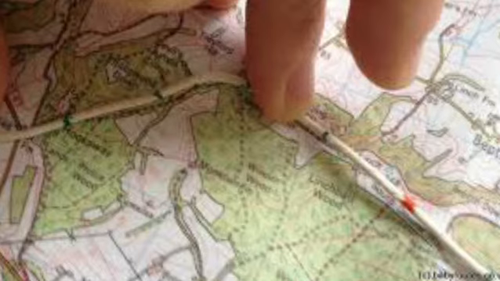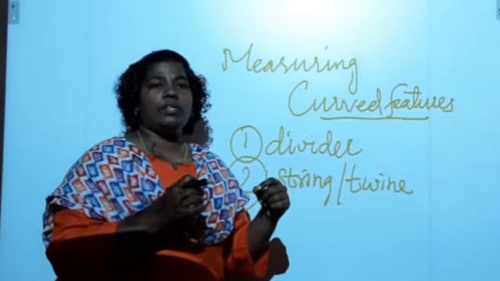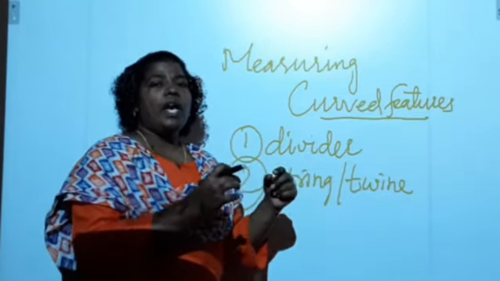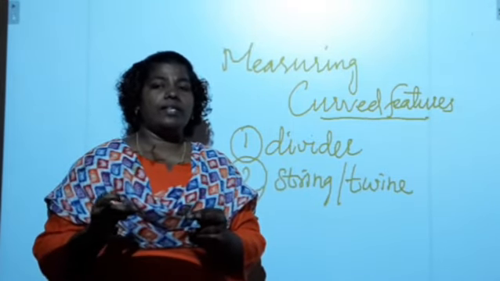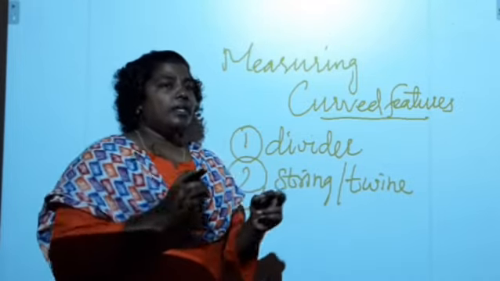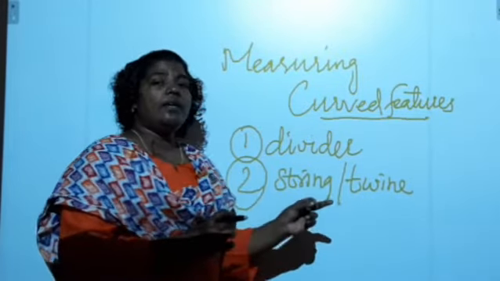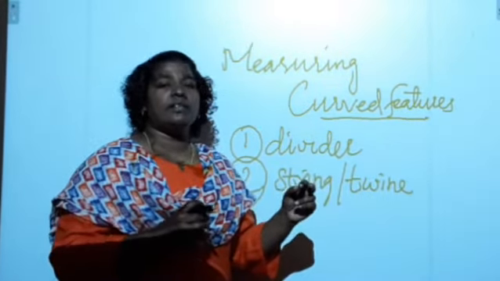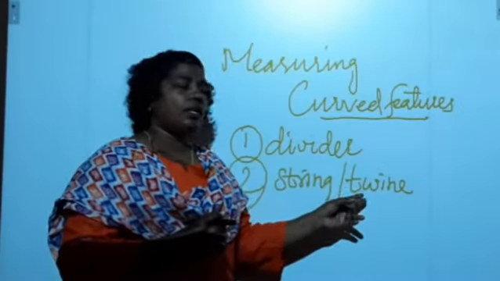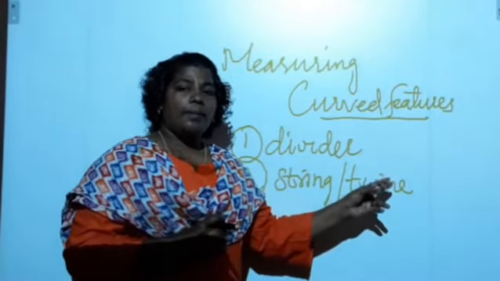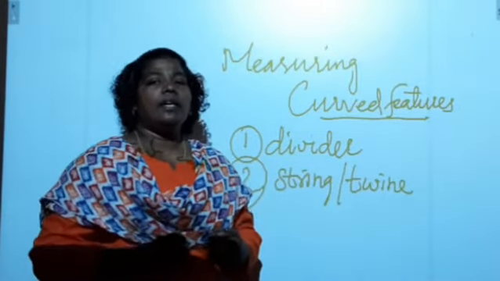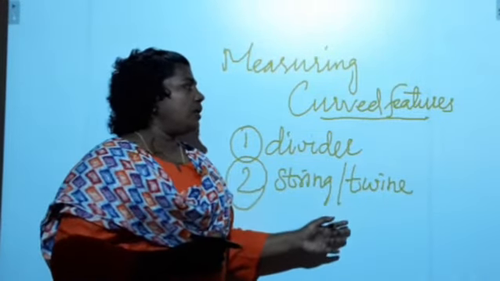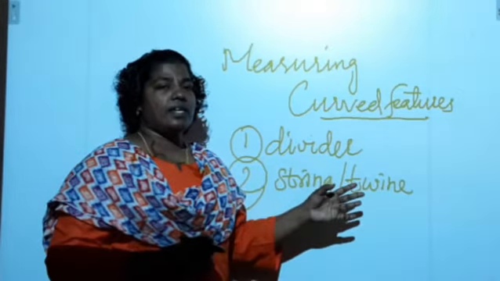After measuring, you have to take the twine which you measured on the map and keep it on the scale again to find out the actual distance. This can be calculated in inches. In this way you can measure distances.